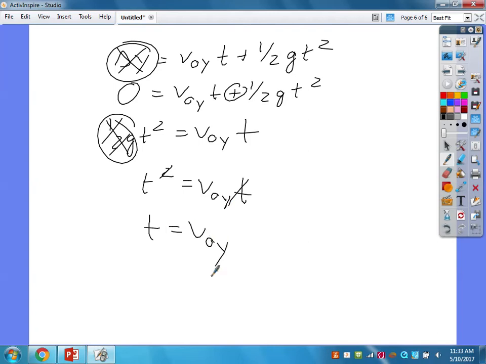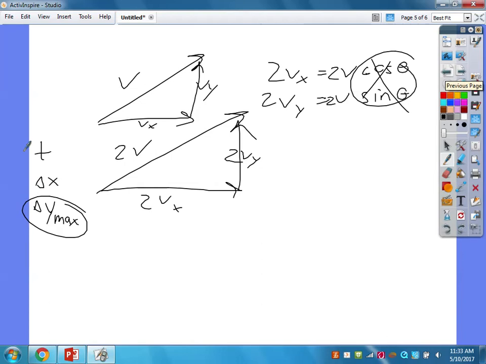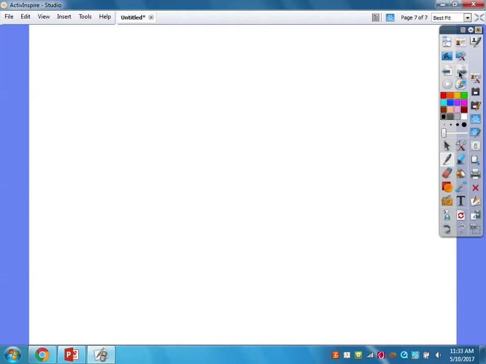So what is this telling you? If I double my vertical velocity, I'll double the time that the object's in the air for. So boom, the answer is it'll double the time in air. So there's my first answer. If I double my velocity, it'll double the time. What about my range? Well, delta x equals vxt. Now I see people make a common mistake here.